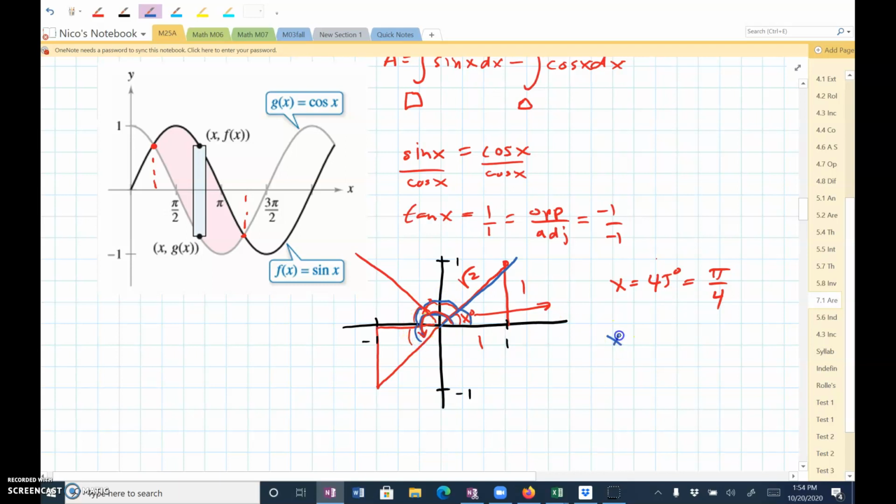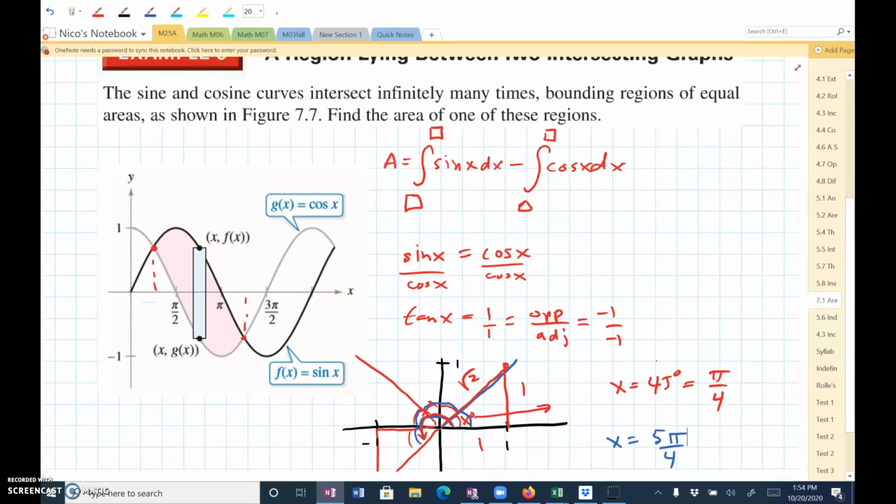So the other one is going to be 5 pi over 4. So that's where they intersect. So now up here we have pi over 4 and 5 pi over 4.